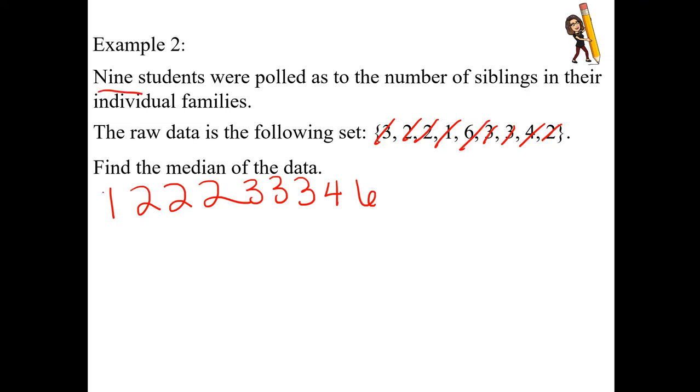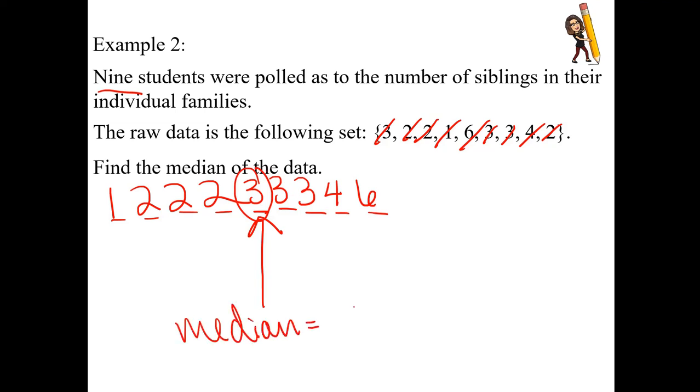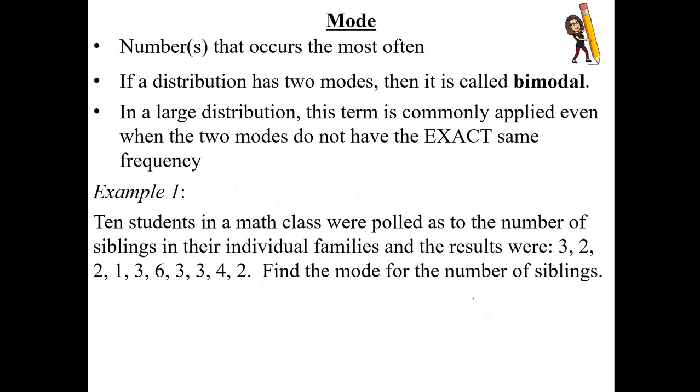So if we have 9 total data values, we're looking for that fifth one, 1, 2, 3, 4, 5, because then there's going to be 4 data values on either side of that middle number. So it's still going to be a median, in this case, of 3 siblings. But you don't have to find the average because since we have an odd number of data values, we can find the exact middle without having to do any other extra calculations.